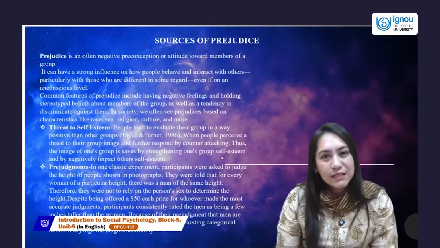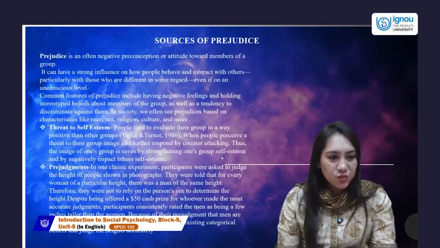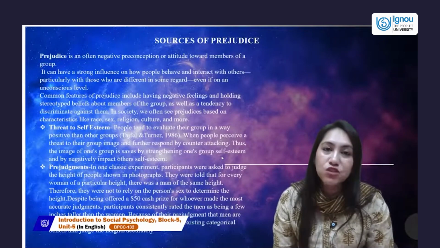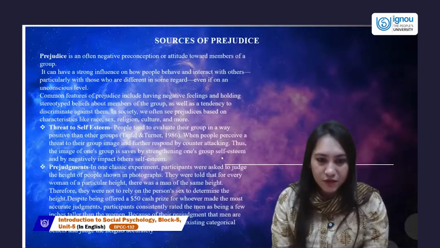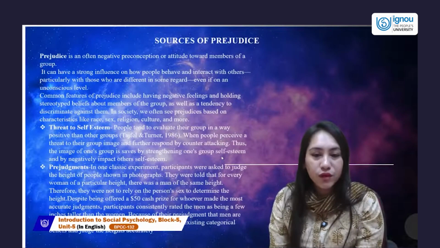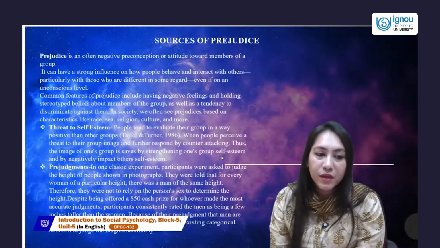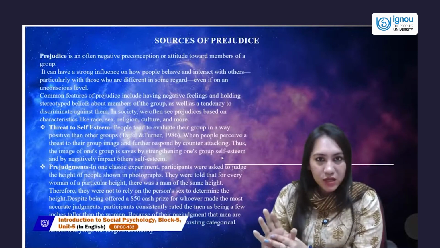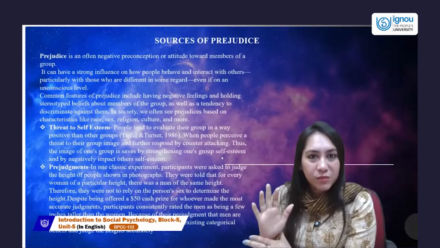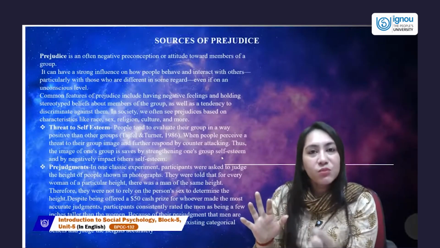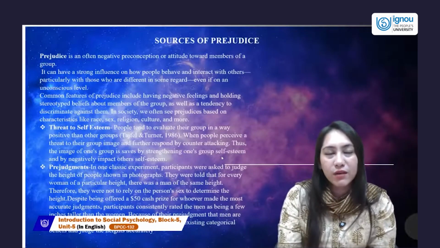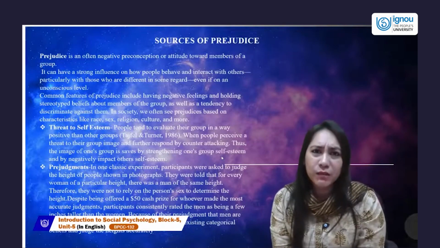In one of the classical experiments on prejudgment, participants were asked to judge the height of people shown in a photograph, and they were told that for every woman of a particular height, there was a man of the same height. So we show you a photograph with multiple women, and we tell them that if one woman is 5'3", we have a man who's 5'3".